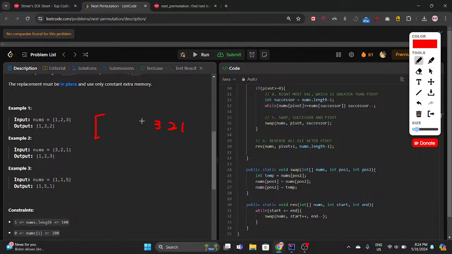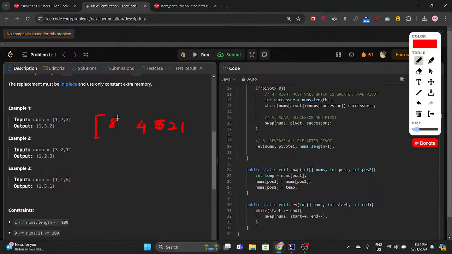Here we will take 4, this is 5, this will remain all the same.